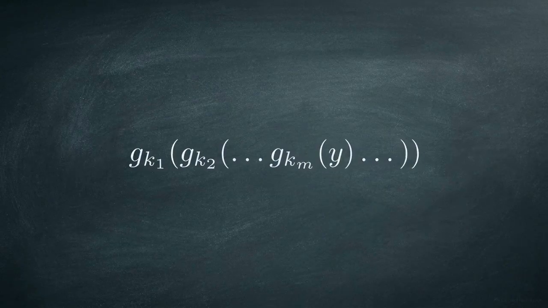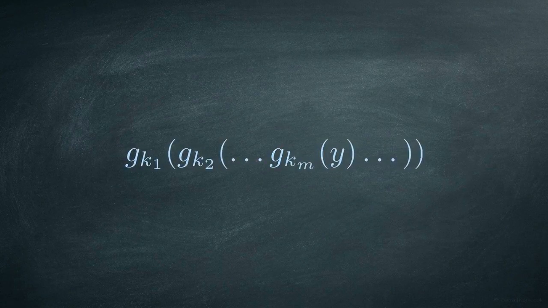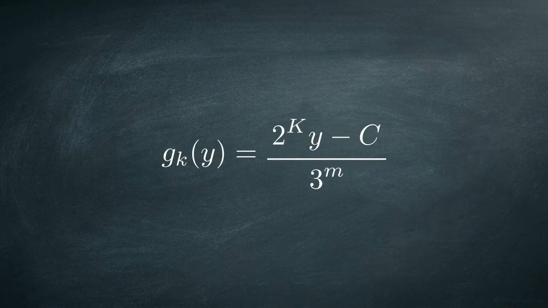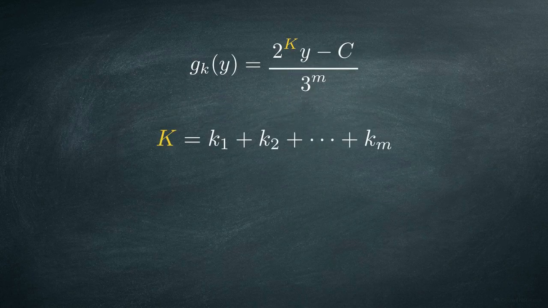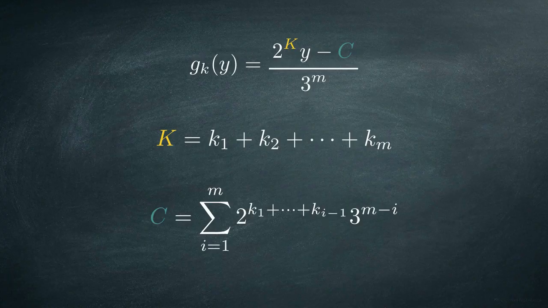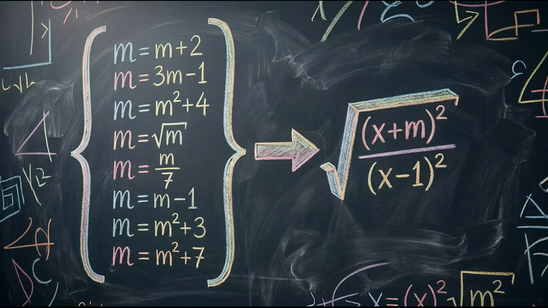Nesting the inverse function for every step m builds a continuous multi-step sequence. Instead of calculating sequentially, this chain collapses into a single affine formula. K represents the sum of all exponents across the word, and C is a recursive constant derived directly from those exponents. Evaluating this single calculation immediately yields the result of m discrete Syracuse steps simultaneously.